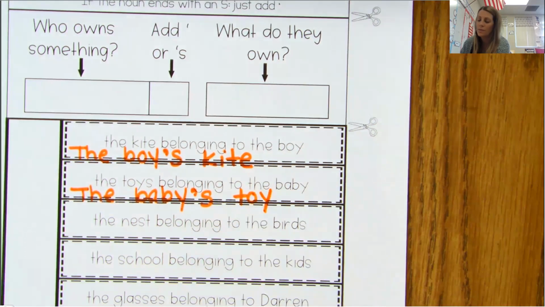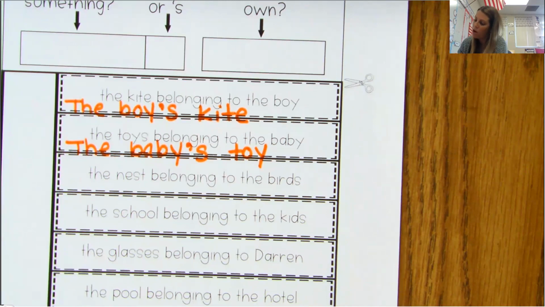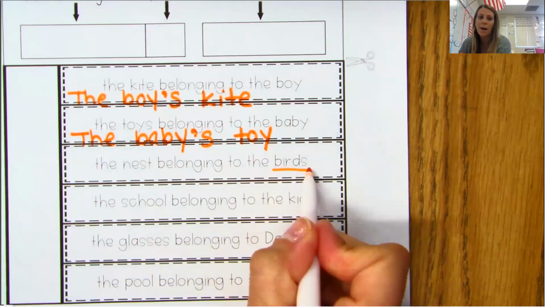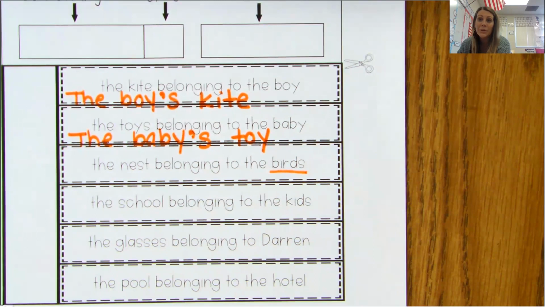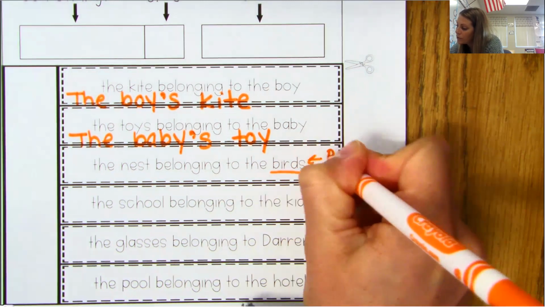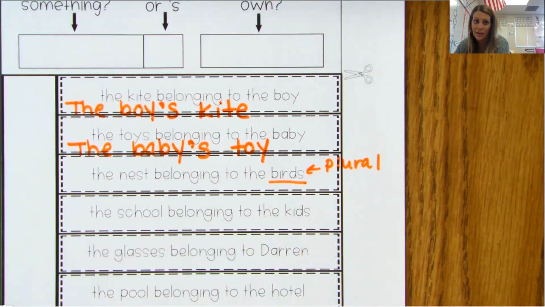Okay? All right, last one that we're going to do together. The nest belonging to the birds. What do we notice about birds? Birds is plural. Remember? Plural means more than one. But the birds also own something.